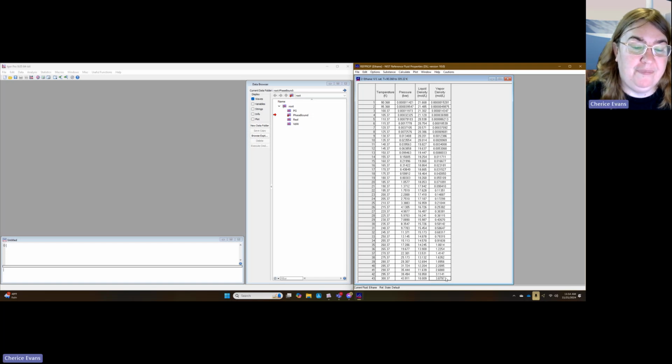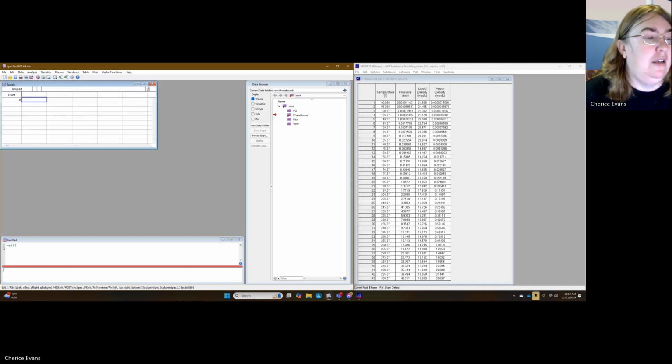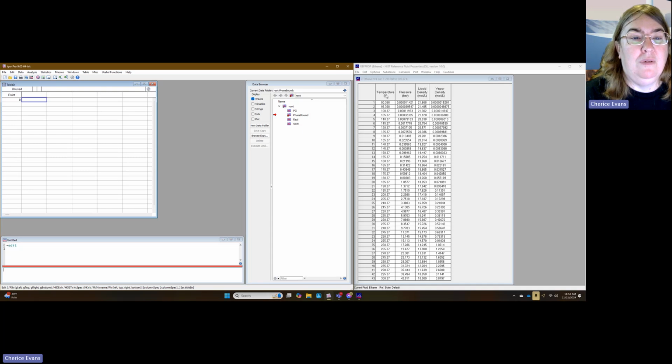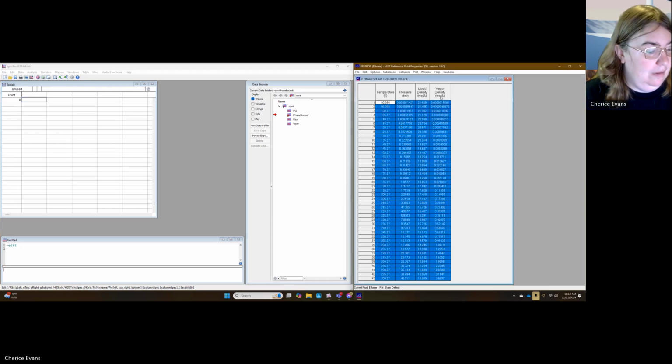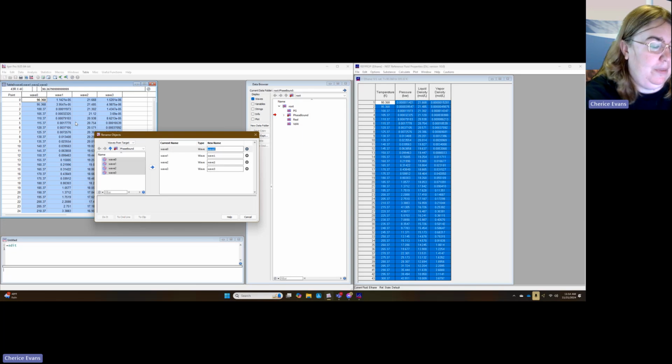305.7. And now I'm going to generate a table in Igor by typing the word edit. That gives me a way of copying what I see here into Igor. And now I'm going to rename these to match. So this will be temperature.